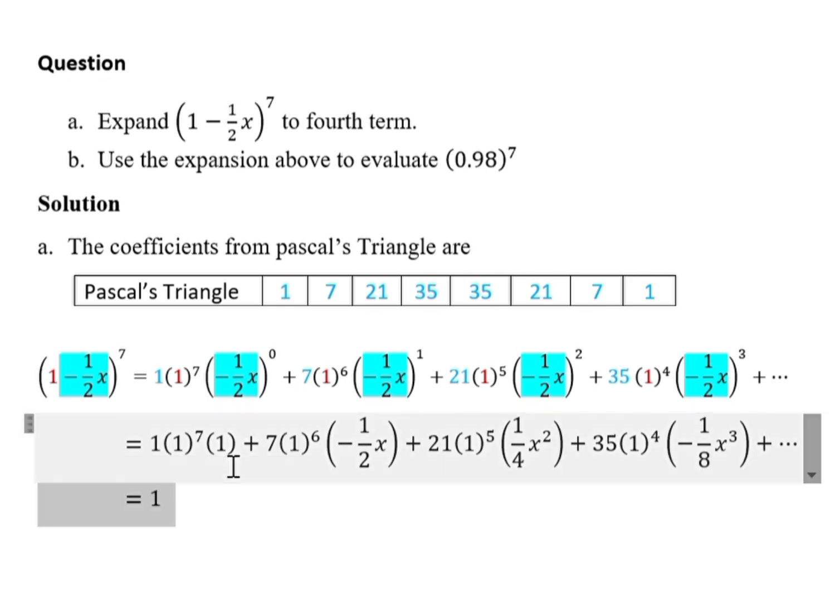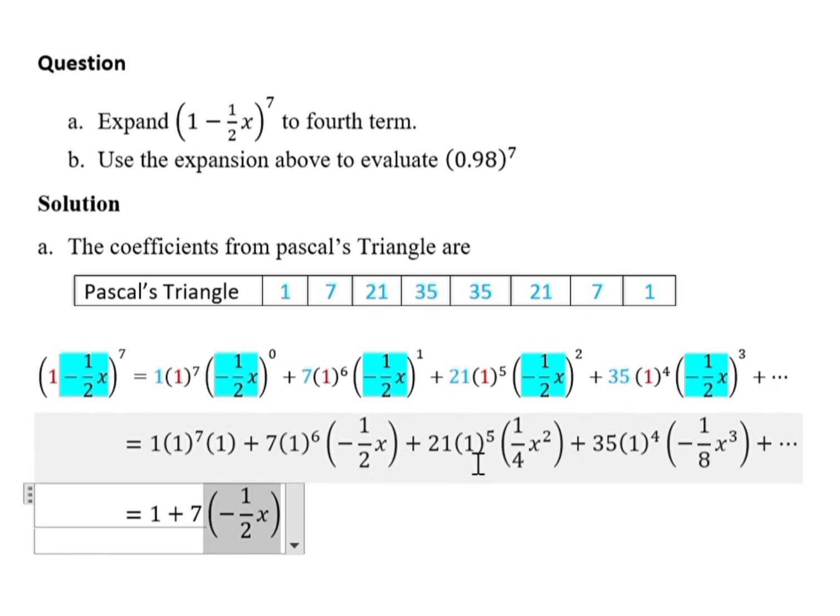So we shall have this being equal to 1 times 1 times 1. That gives us 1, because 1 raised to power 7 is 1. So 1 times 1 times 1 is 1, plus the next one, which is 7 times 1 raised to power 6. 1 raised to power 6 is 1 times 7, so that is the same as 7 into negative half x.